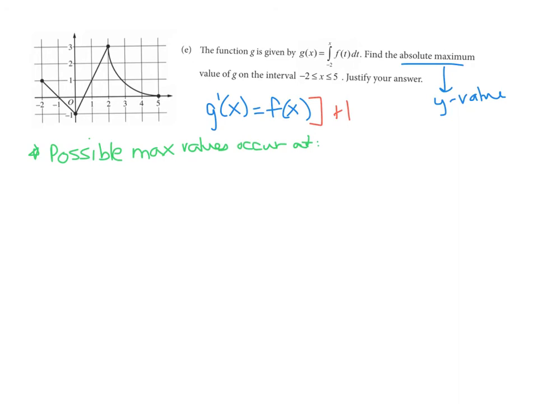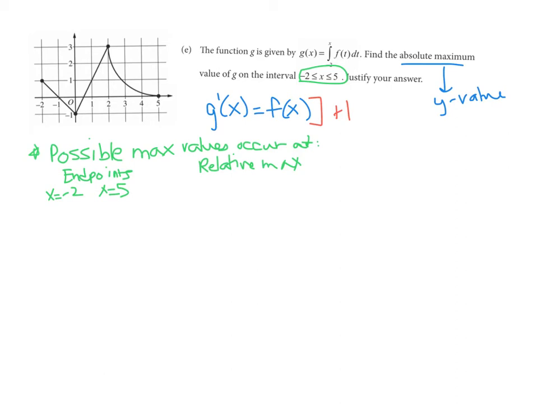So in order to find an absolute maximum or minimum actually, you're going to have to check several things. You're going to have to check endpoints on the graph, and you're also going to have to check relative maximum values. So for the endpoints, you can see based on the interval that I have an endpoint at -2 and my other endpoint is at +5.